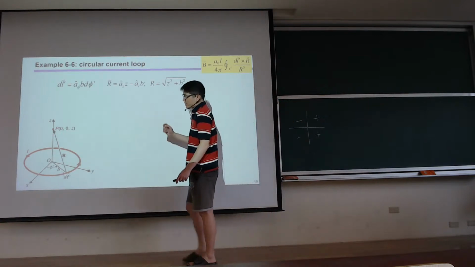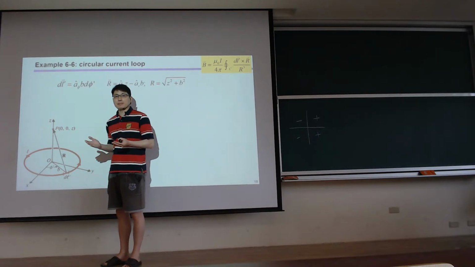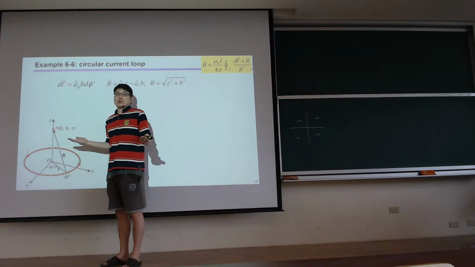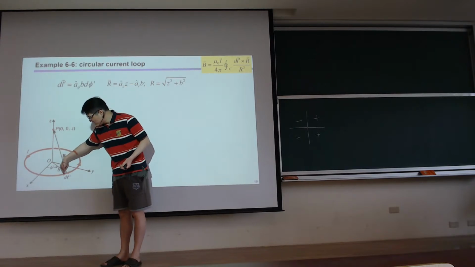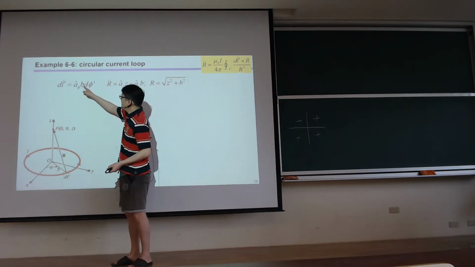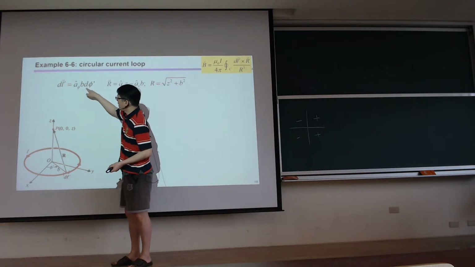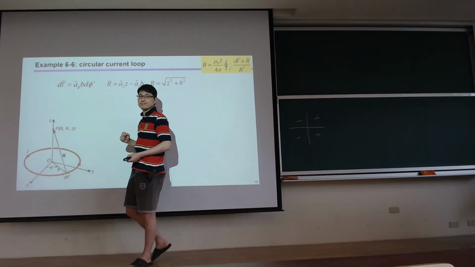All right, so in this case, for each differential segment, it is easy to describe: dl prime is b times d phi prime, right? Now we have a radius, so each differential segment is actually an arc. So b d phi prime defines the arc length, in the direction of phi.